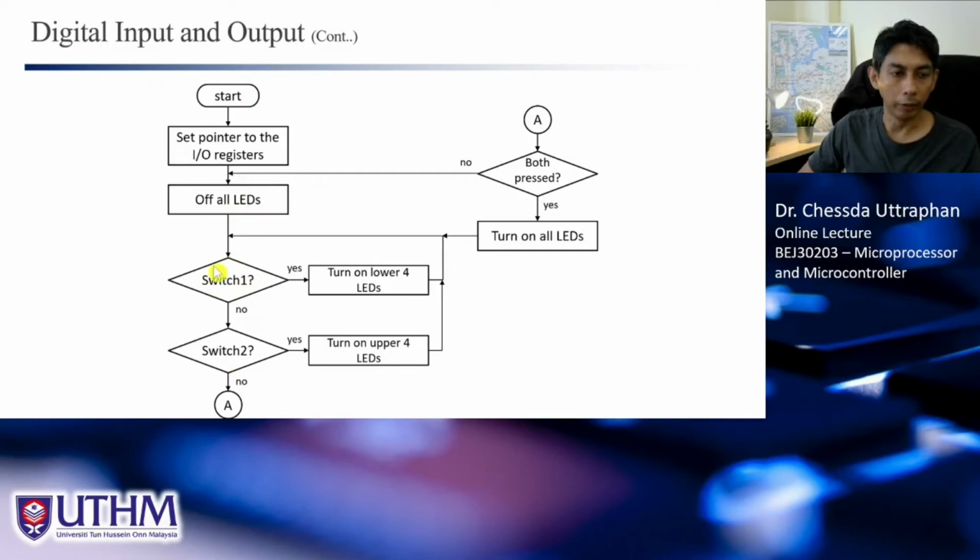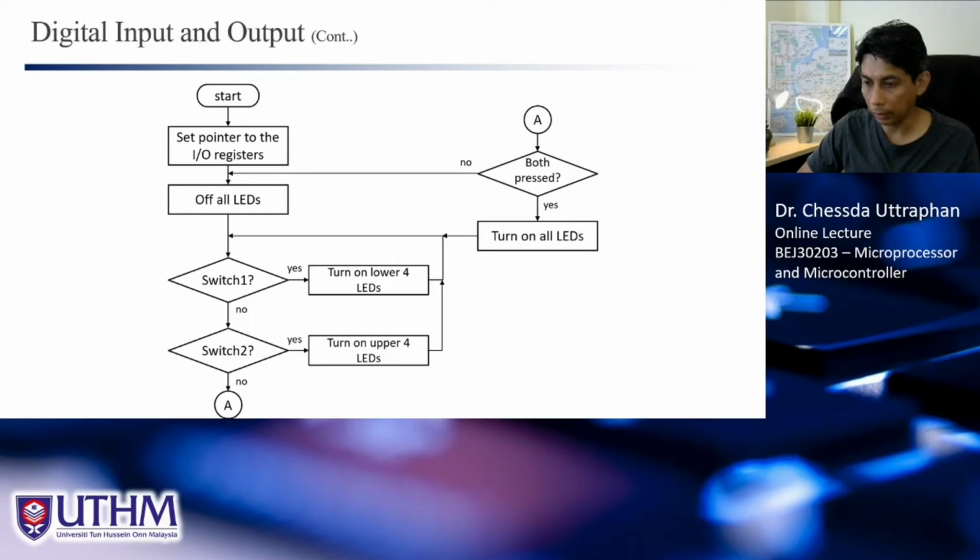When we turn on this switch, it will turn on these 4 LEDs, the lower 4 LEDs, and when we turn on this switch, it will turn on these 4 LEDs, and if we turn on both, it will turn on all the LEDs, right? So this is exactly the same as what we have done in chapter 3, right?